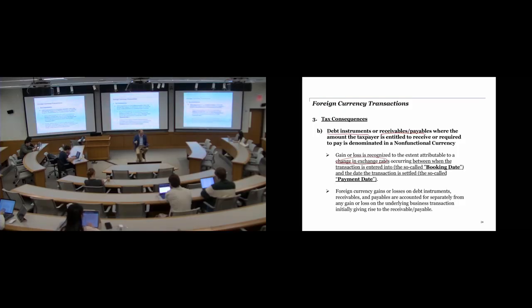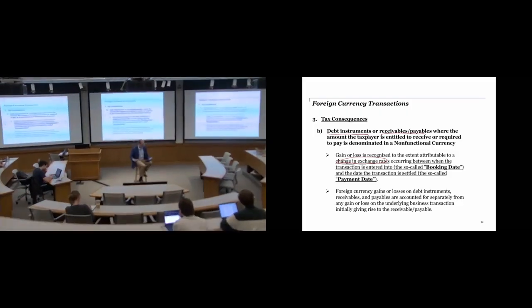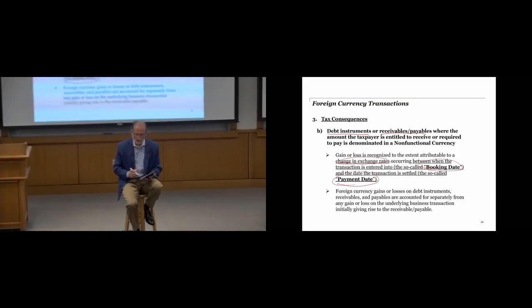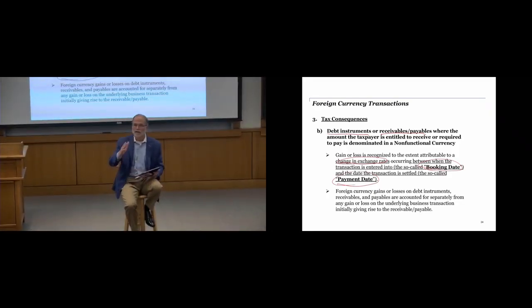Okay? And then the date you're measuring that against is the payment date. That's the date when that instrument is settled. Okay, might be called the settlement date, but technically in the tax code it's called the payment date. So I'm looking for the booking date and the payment date. And then I'm going to measure the exchange rates between those two dates.